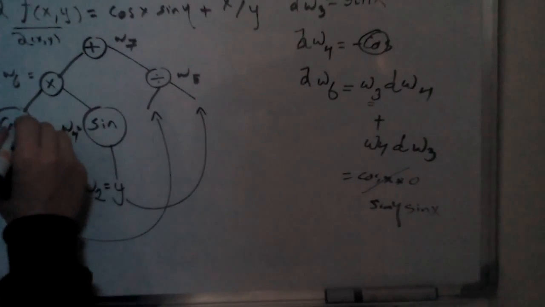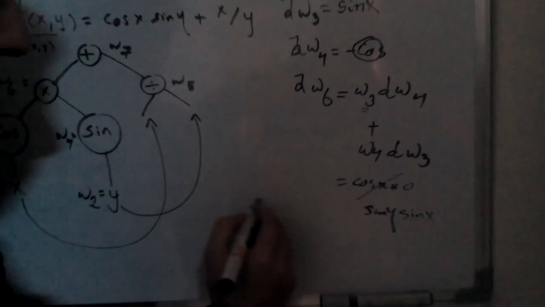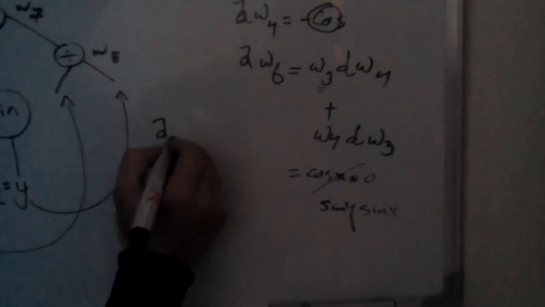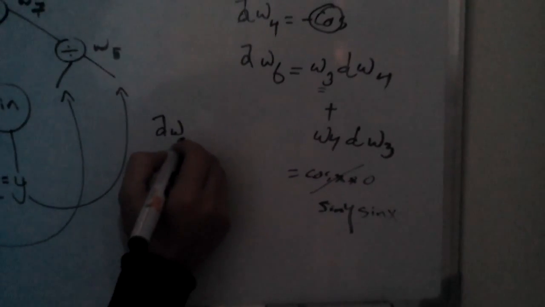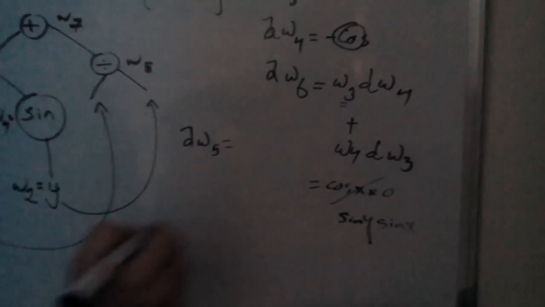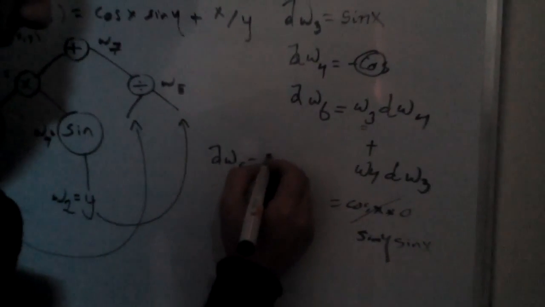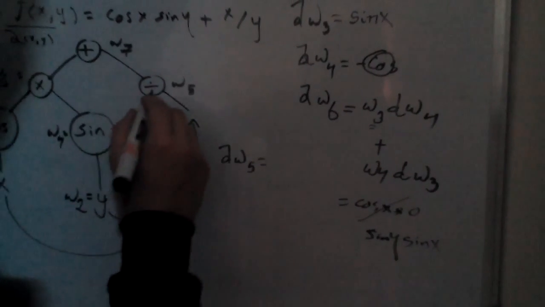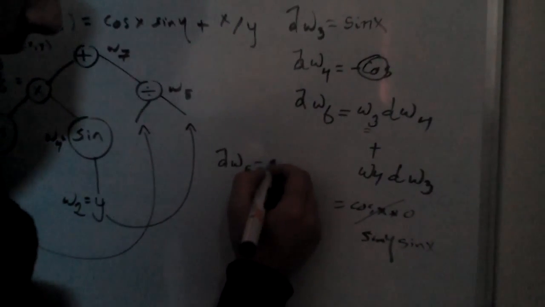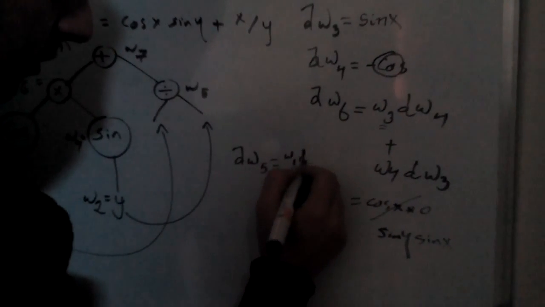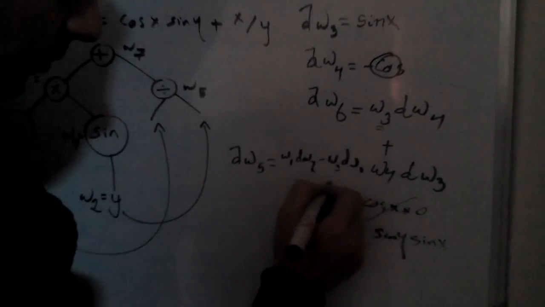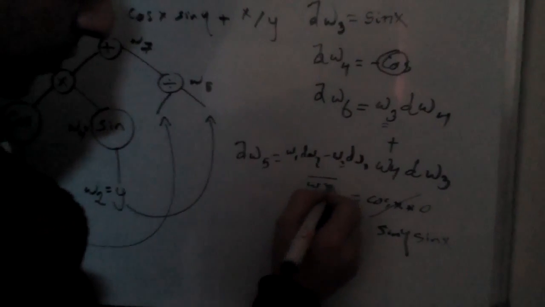And then we've got to do d omega 5. Remember that with division, the equation is rather different. That is d omega 5, omega 1 over omega 2, that becomes omega 1 d omega 2 minus omega 2 d omega 1 over omega 2 squared.